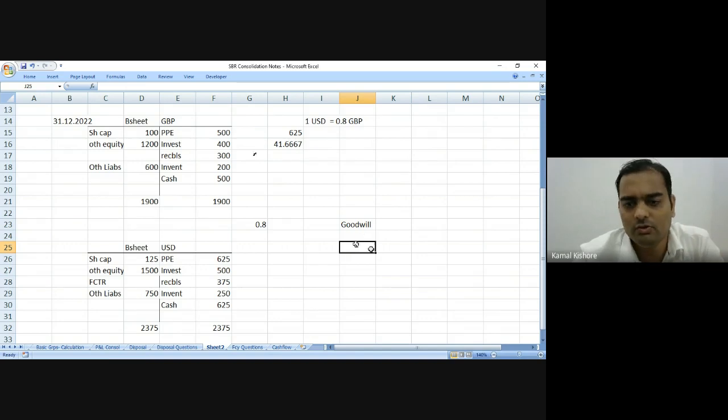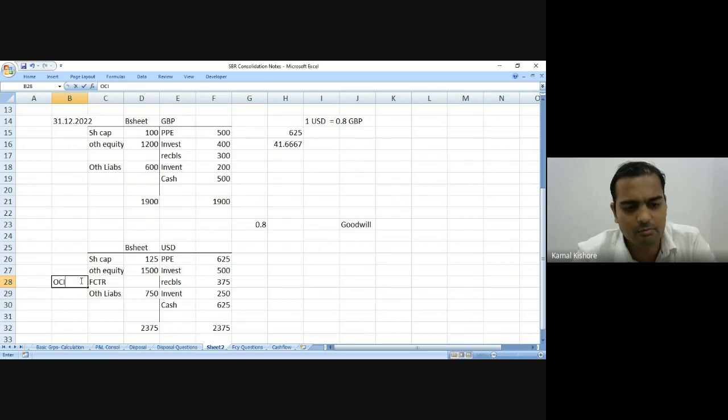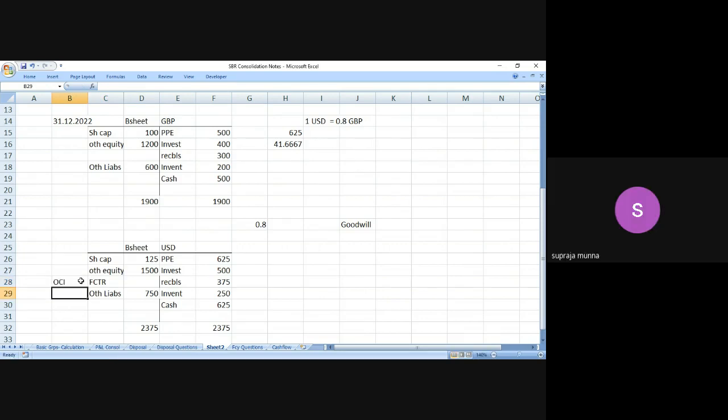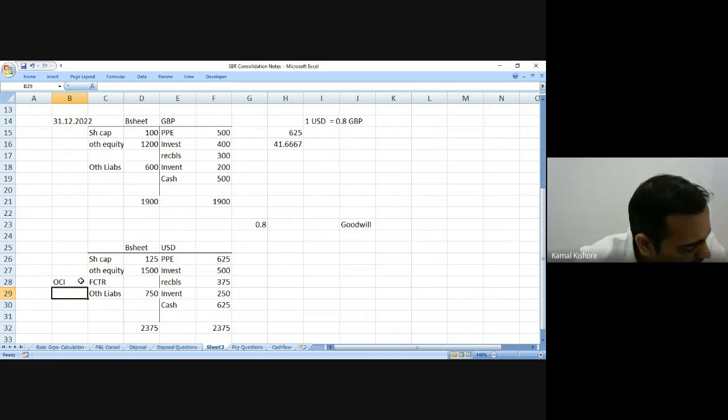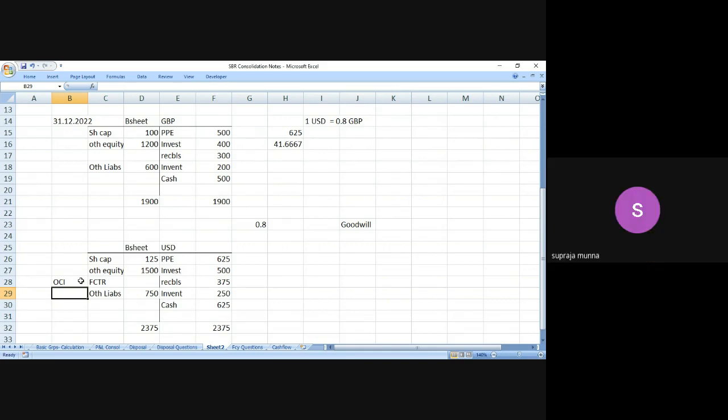So that will also give a difference, which will again go to the FCTR as part of other components of equity. You will calculate the exchange gain or loss as a balancing figure in that case.